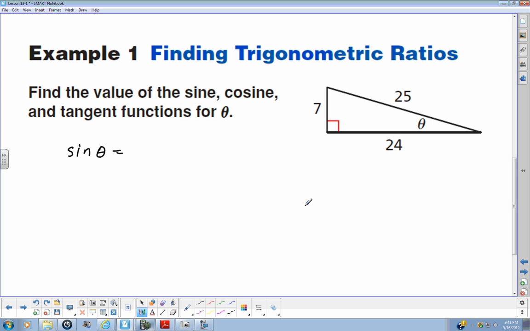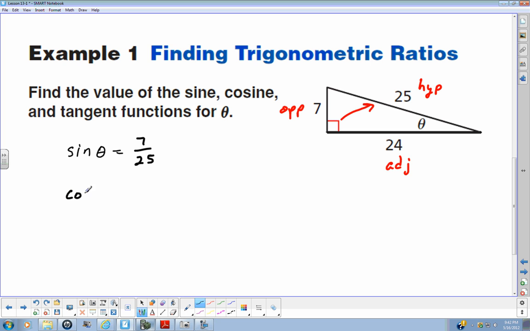Since the angle is formed by the sides that are 24 and 25, the 24 would be the adjacent side in this case. 25 is the hypotenuse because that's always the side across from the right angle, which would make the 7 the opposite side. Since sine is opposite over hypotenuse, this would be 7 over 25.